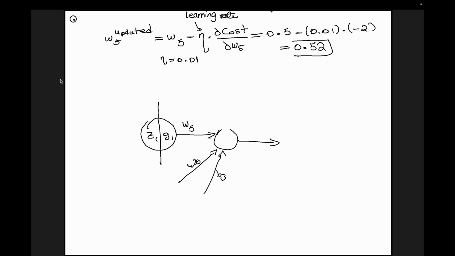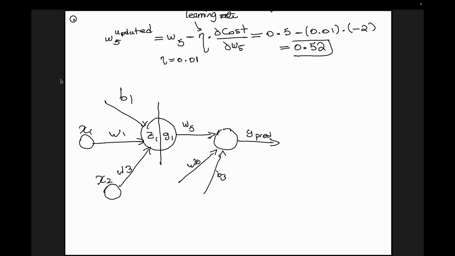Okay, so this is Y prediction. In our input we had three inputs: the bias, W1, and W3. W1 was coming from X1, and this one coming from X2.